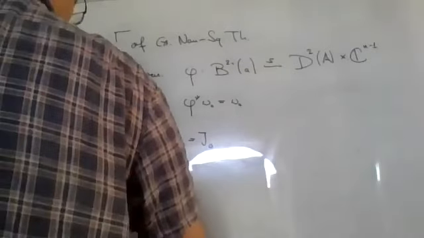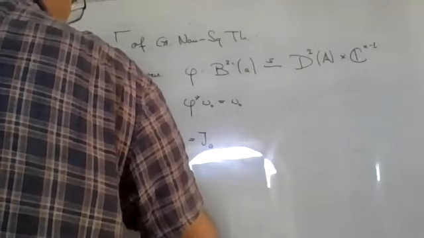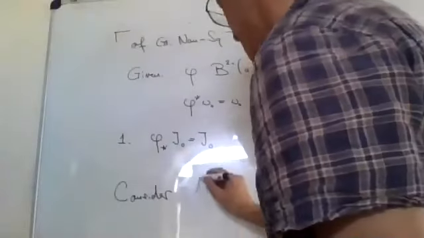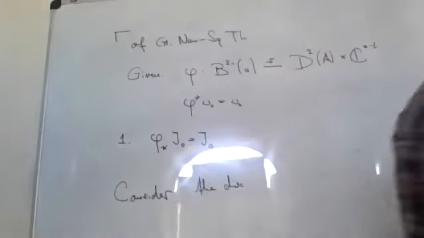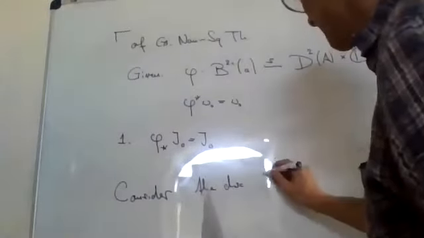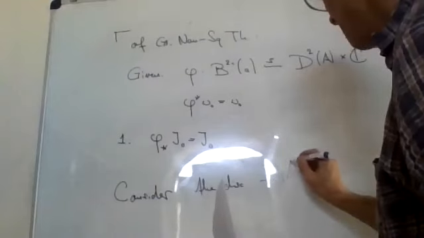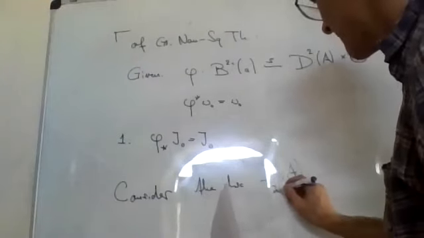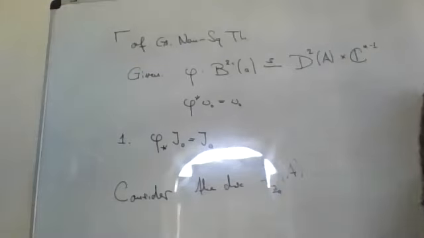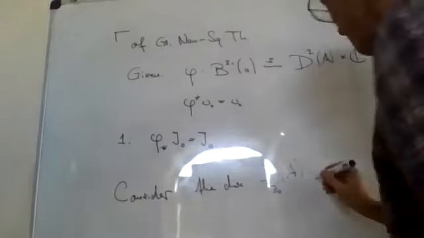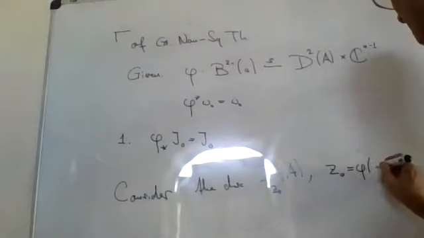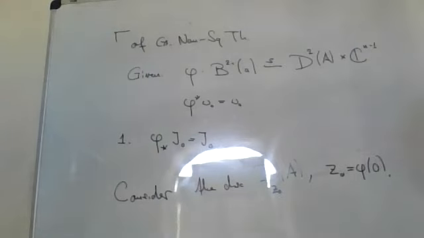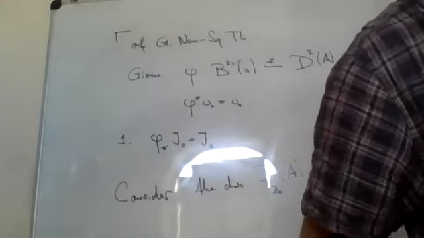We consider the disk, I call it the disk of size A, through the point Z0, where Z0 is the image of the center. So this is a main idea of this proof. Okay, wait a second.